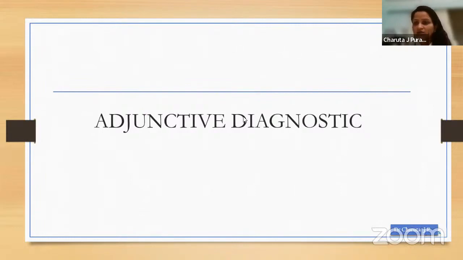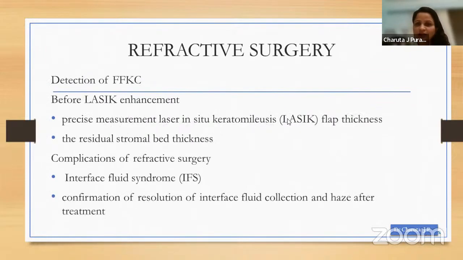Now, although thus far I have described the anterior segment OCT as the primary diagnostic modality, many times it does play an adjunctive role. And by adjunctive role, it doesn't mean that it's playing a secondary role, but actually a very useful one.